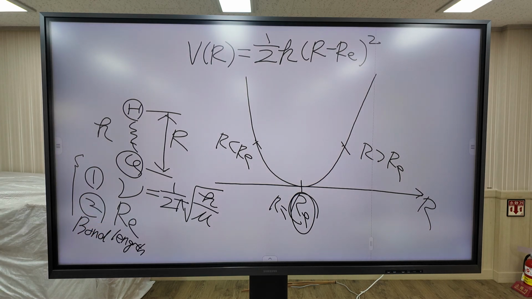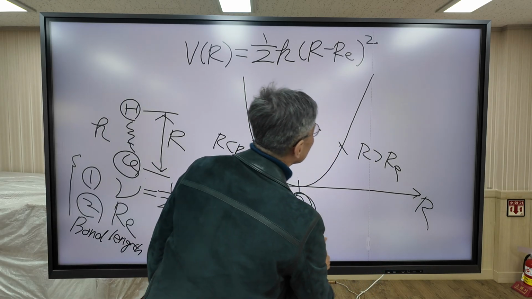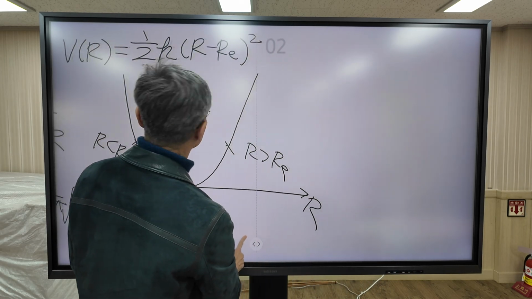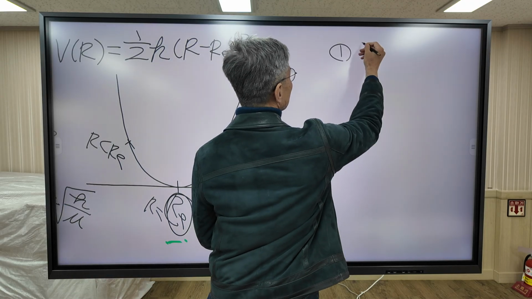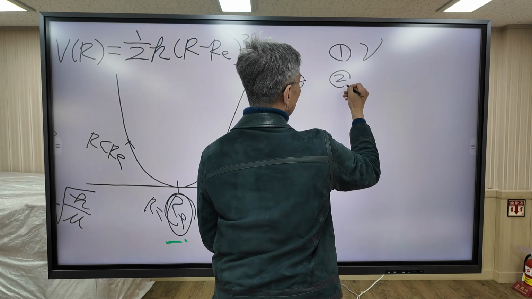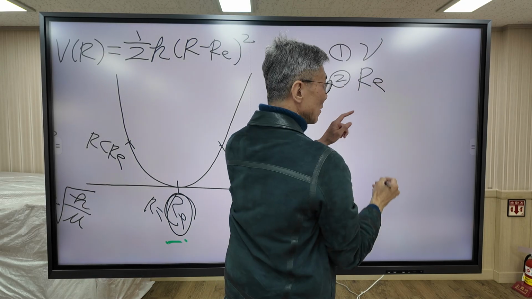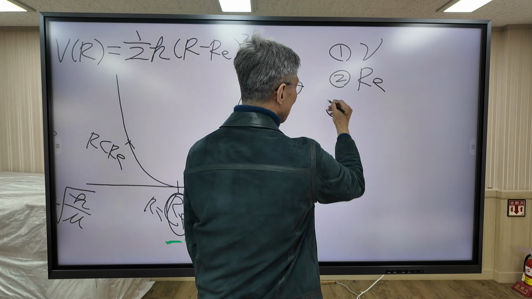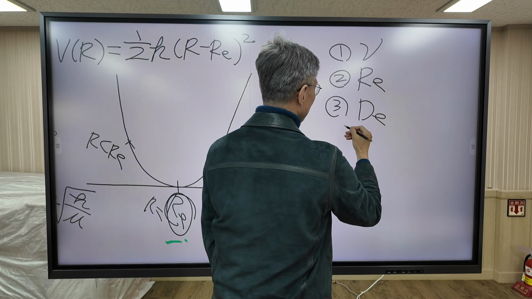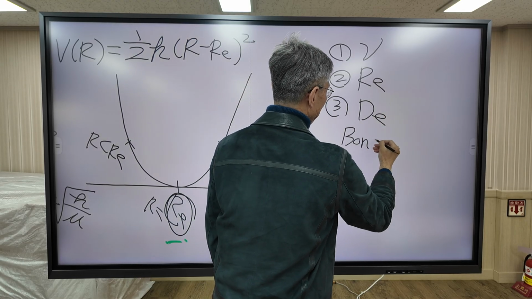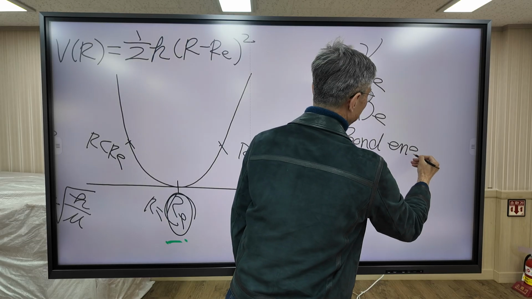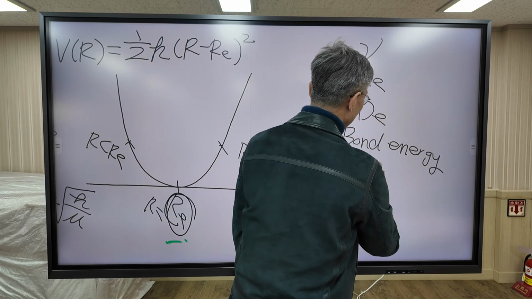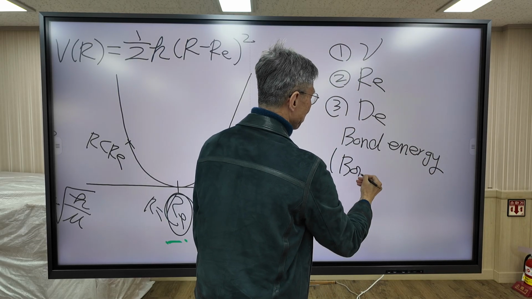But there is another fundamental property that the molecule has. The first one is vibrational frequency, the second one is bond length, and the third one is bond energy, or bond dissociation energy.